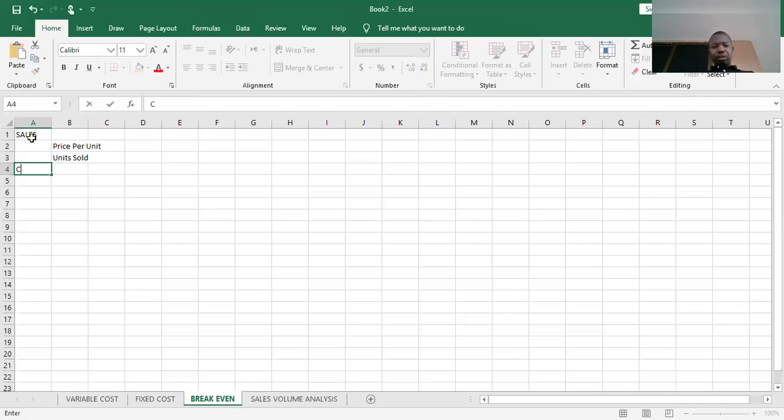In A4, I have cost. In B5, variable cost. In B6, I have fixed cost. In A7, I'll have my revenue there. In B8, I have my unit margin.